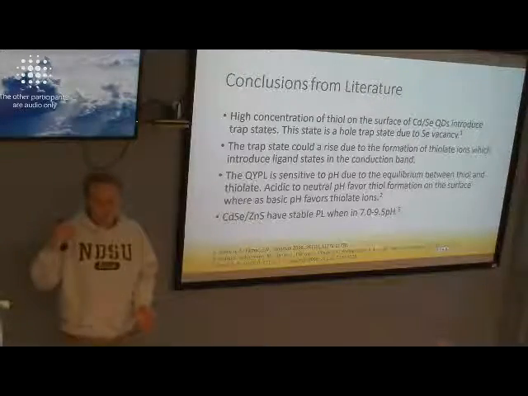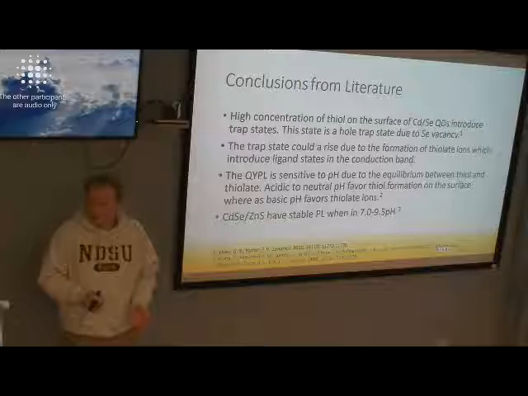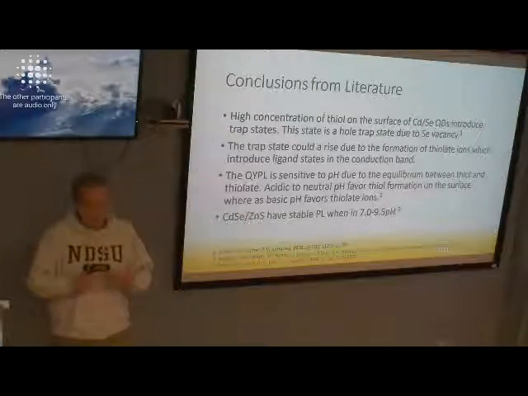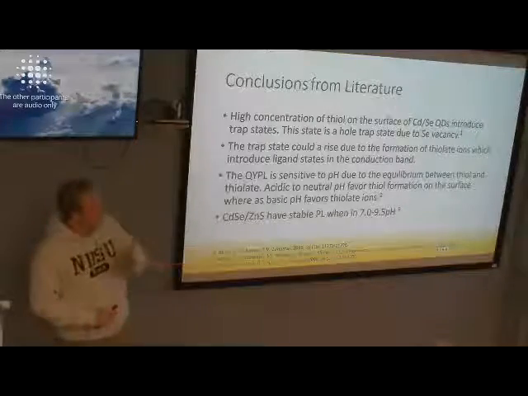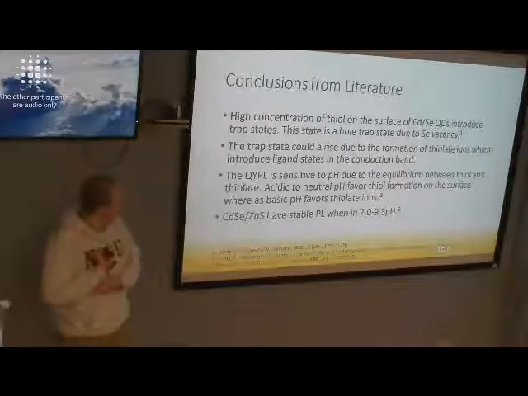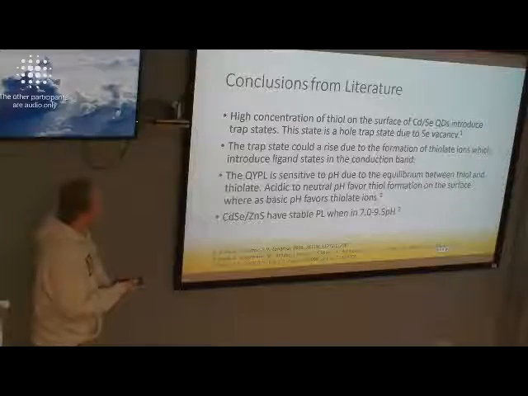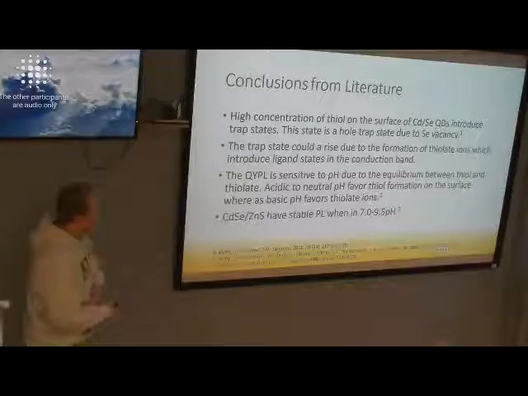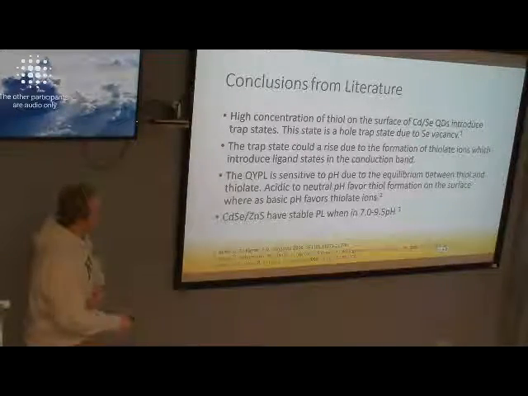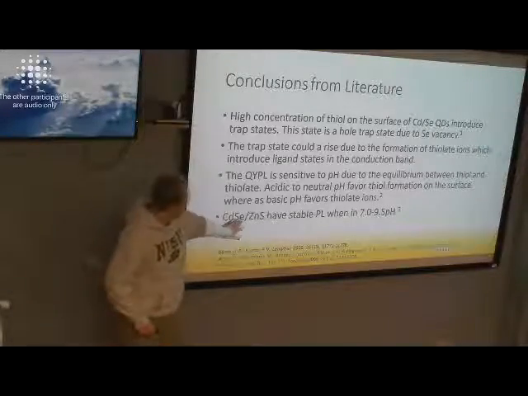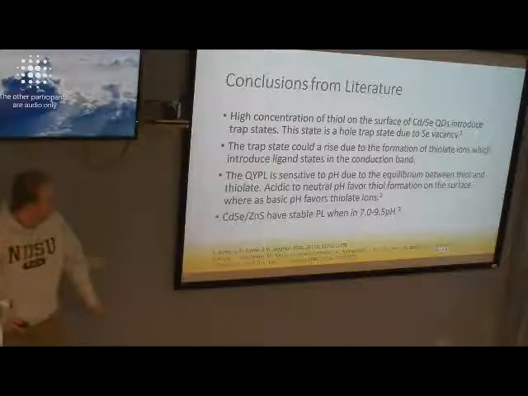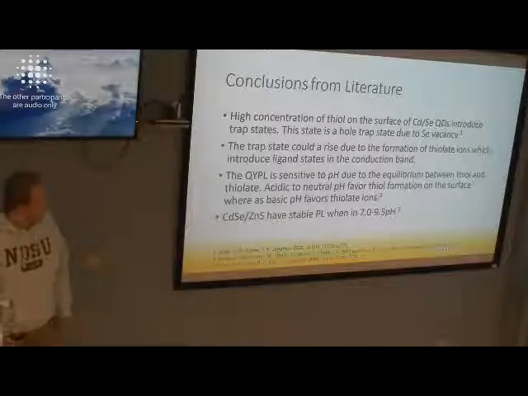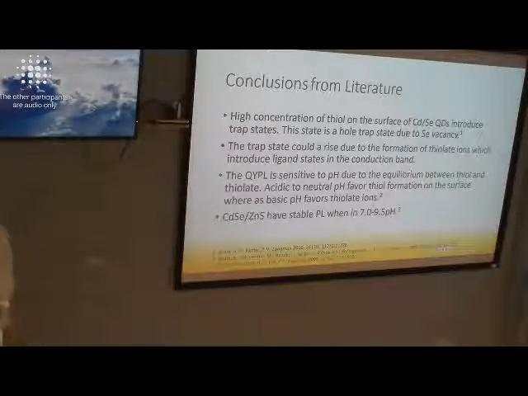If you have very, very low pH, you can do some extra chemistry that we don't know about, or if you have very basic conditions, you can pull off your thiol. And then the last paper was that for the core-shell structure, the PL from pH 7 to 9.5 is stable for a long duration.